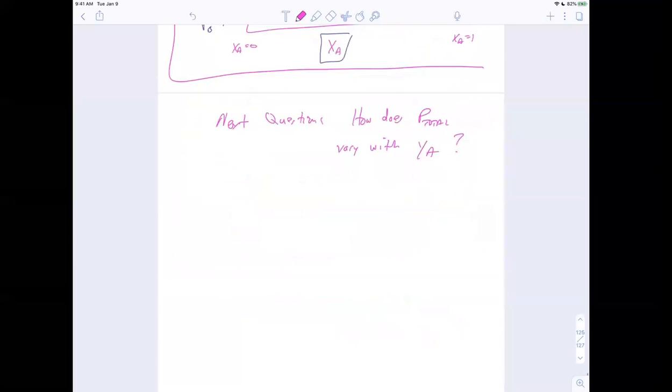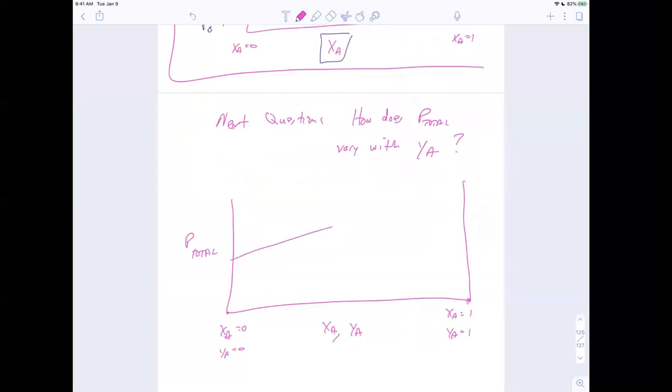So what we're going to have at the end of next lecture is P total, X sub A and Y sub A. So X sub A equals 0, Y sub A equals 0, X sub A equals 1, Y sub A equals 1 at these two points.